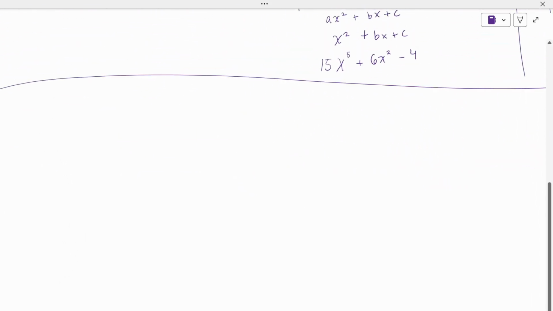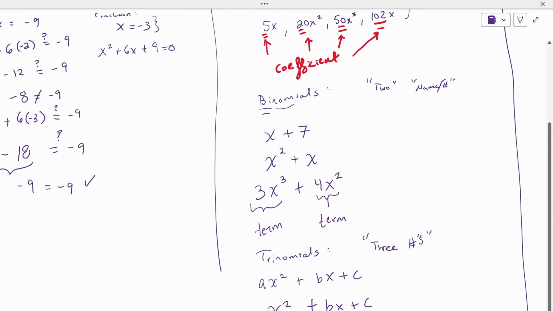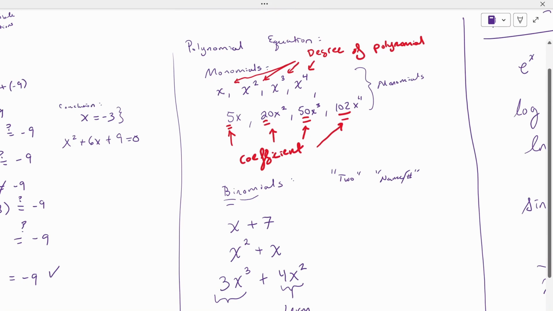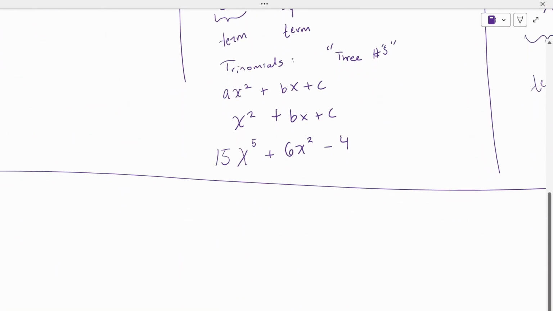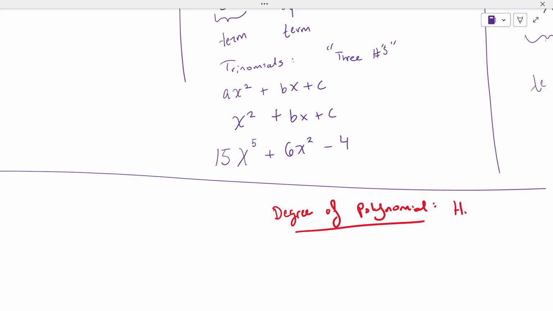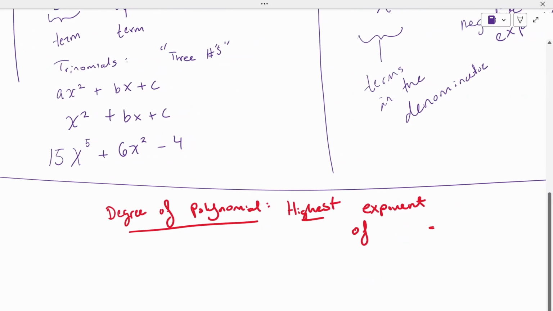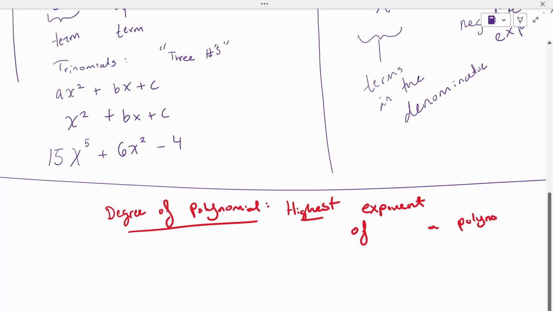So polynomial expressions or polynomial equations may be classified as monomial, binomial, and trinomial. And the degree of the polynomial is defined as the highest exponent of a polynomial expression.